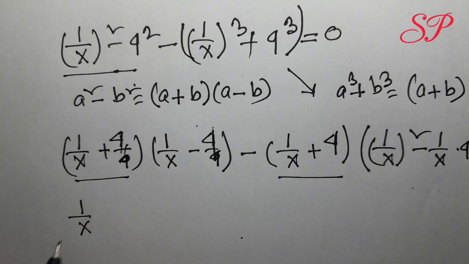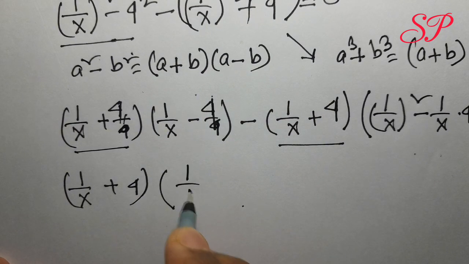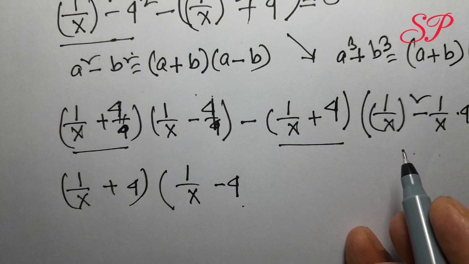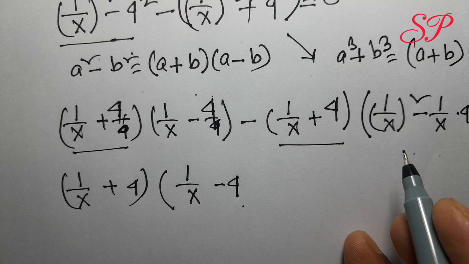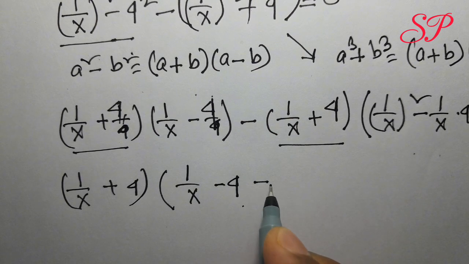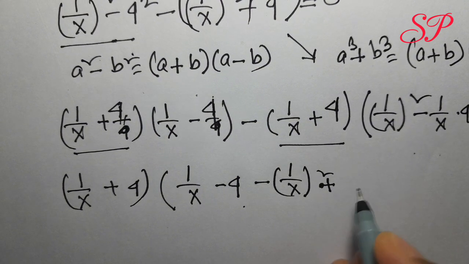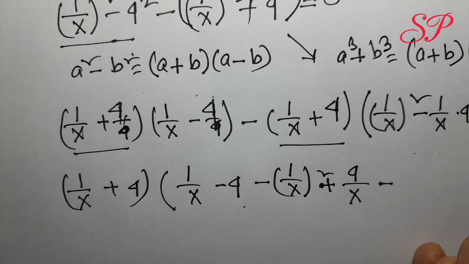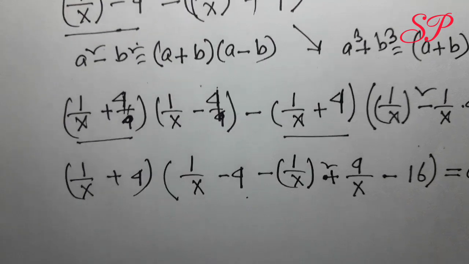1 by x plus 4 is common, and the remainder here is 1 by x minus 4, and here the remainder will be minus (1 by x) all square minus 4 by x minus 4 square, meaning 16, is equal to 0.